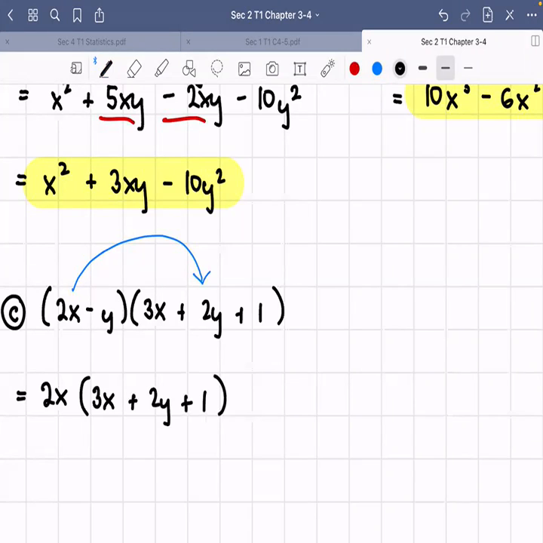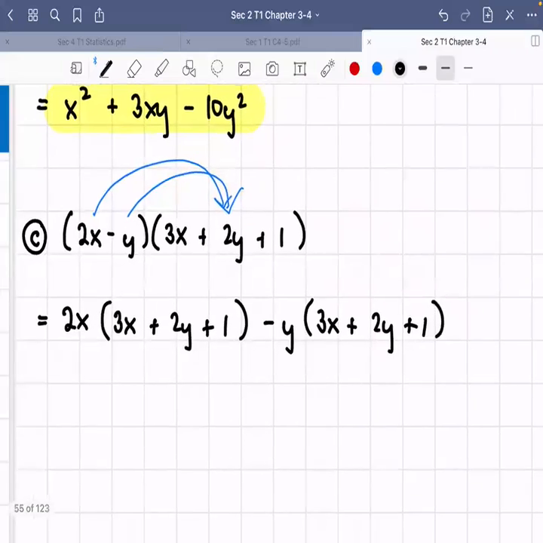Yeah, that's long, right? And then we still need to do negative y, so negative y times the whole bracket again. That gives us a negative y times 3x plus 2y plus 1 again. So yeah, it's going to be long.